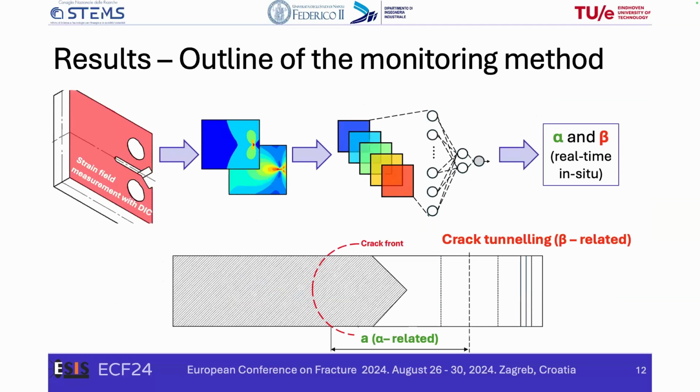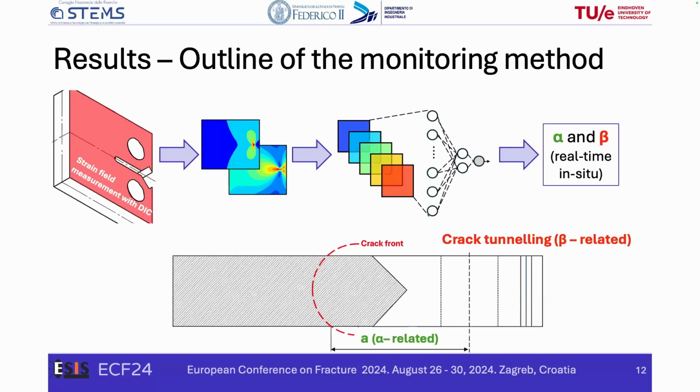With this slide, I want to graphically summarize the methodology we propose and that we aim to scale to laboratory environment. First, we have the test and in situ collection of strain measurements with DIC.